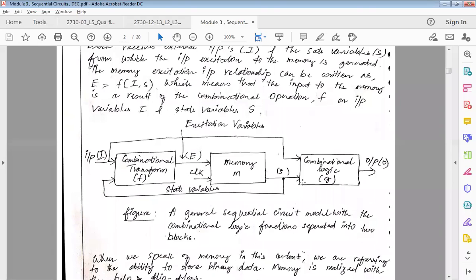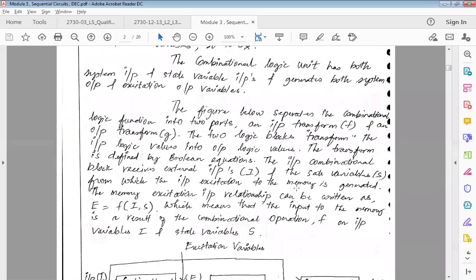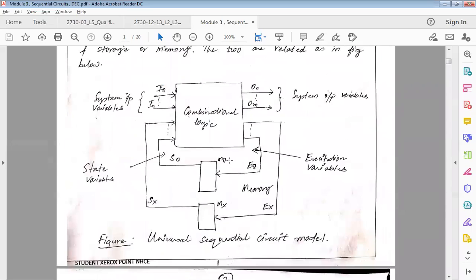Then the state variables: the output of memory is called the state variable. See here, the output of memory. So this was your memory element. The output of memory was called your state variable. The inputs which get into memory are nothing but your excitation variables.